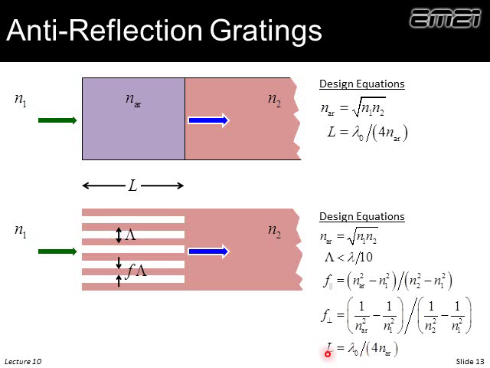Then once we have that, we again make the length lambda over 4. So really, we're just etching grooves to lower the dielectric constant or lower the refractive index in that anti-reflection region so that we form an anti-reflection layer. Now what's cool, this particular one on this page is designed completely with the refractive index N2. So whatever that material is, this is monolithic. We've just etched some grooves into it and minimized reflections.